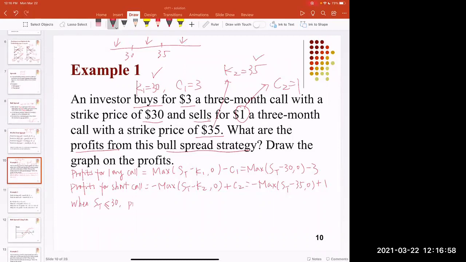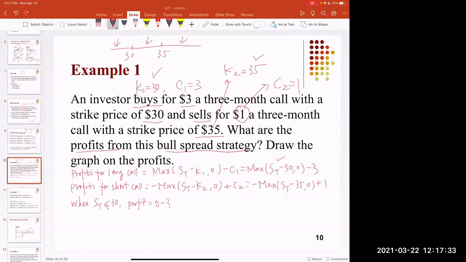The profit for the whole strategy equals... First we consider the long call. When the stock price is less than 30, can anybody figure out what this number is? ST less than 30, so ST minus 30 is equal or greater than 0, or less than 0? Less than 0, then we take 0, right? So the maximum value is 0, so 0 minus 3.